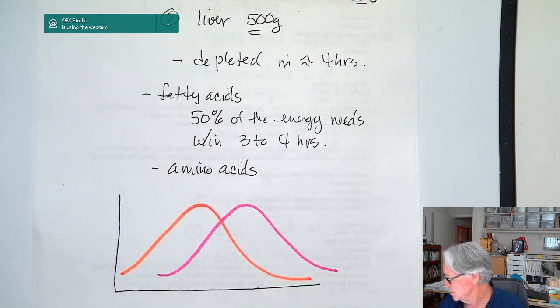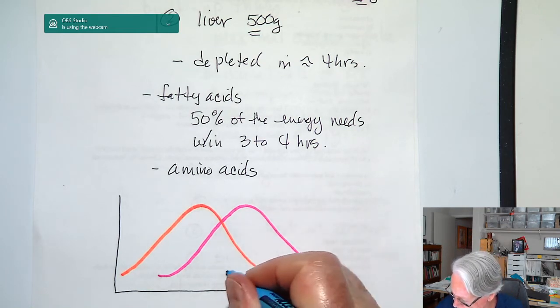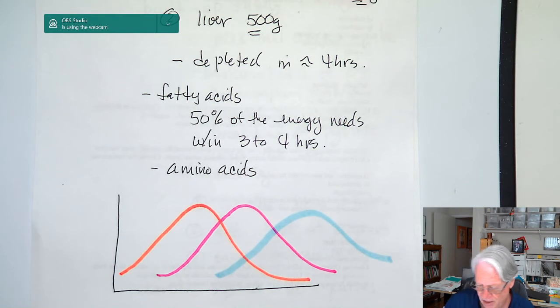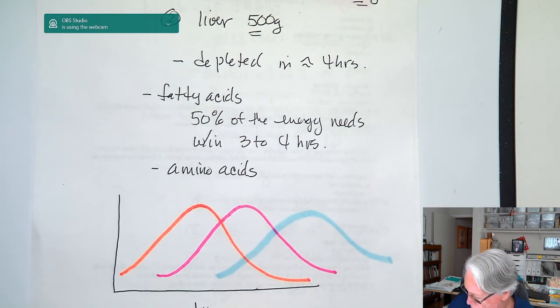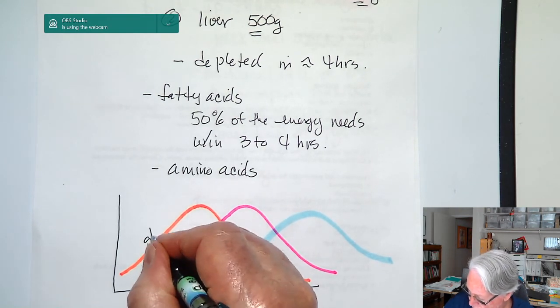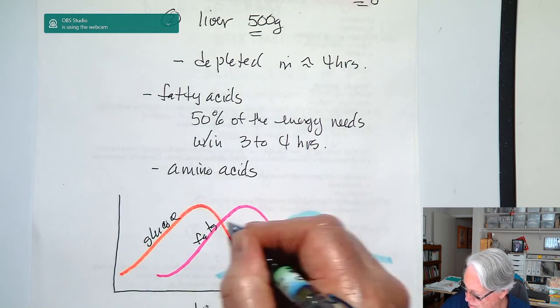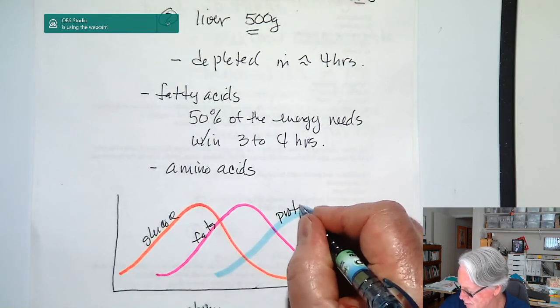And then this would be for amino acids. So this would be time. This would be glucose. This would be fats. And this would be proteins.